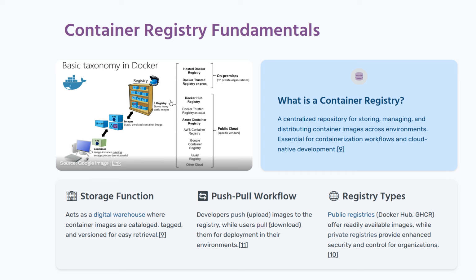That's a private entry, and then you can have them in a public cloud, categorized by specific vendors. You have the Docker Hub registry, Docker trusted registry on cloud, and then you have Azure container registry, AWS container registry, Google container registry, and Quay registry and other clouds. So you can have this container registry everywhere, with different providers.